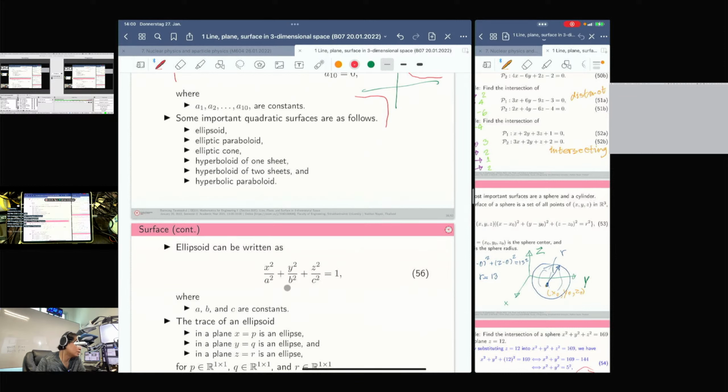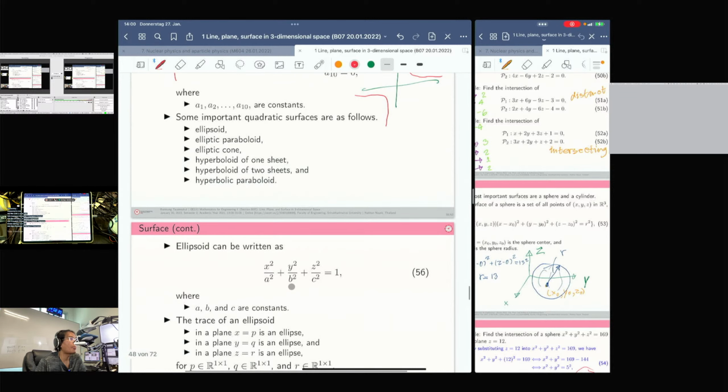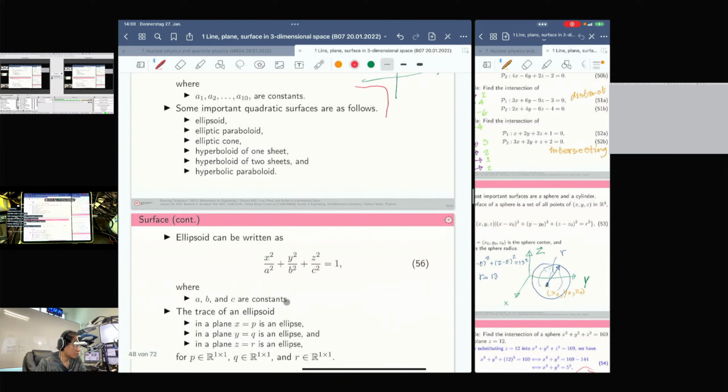A, B, C could be any number. A, B, C are constants.